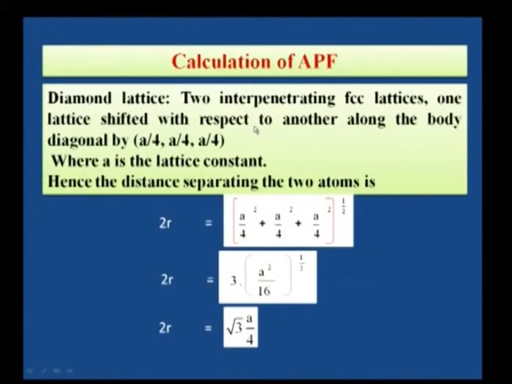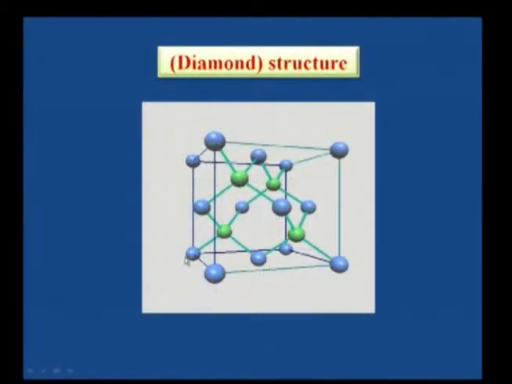Then the diamond lattice, as I told you, is nothing but two interpenetrating FCC lattices, one lattice shifted with respect to another along the body diagonal by a by 4, where a is the lattice constant. Hence, the distance separating the two atoms is 2r, right. In the hard sphere approximation, you assume the two atoms to be touching each other.